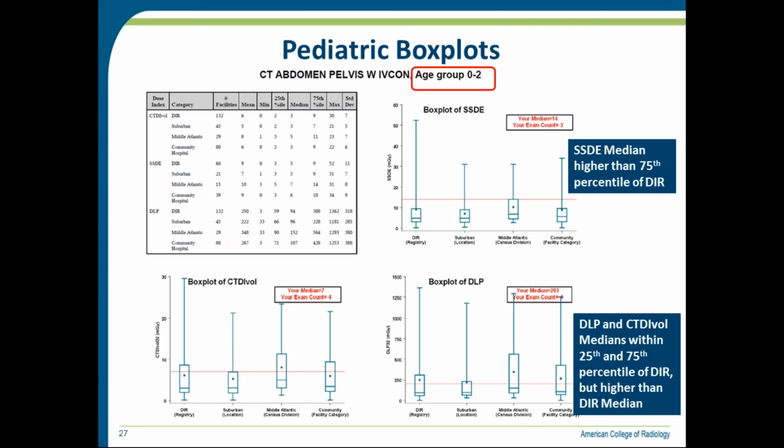The facility median is higher than the DIR median, but it is within the 75th and 25th percentile. So it is possible that one of your dose indices is higher than the DIR, and another dose index is within the 25th and 75th percentile. So that's why we give you many different comparisons, different dose indices, so that you can take a look from different angles and see if you need to adjust your protocol from any perspective.